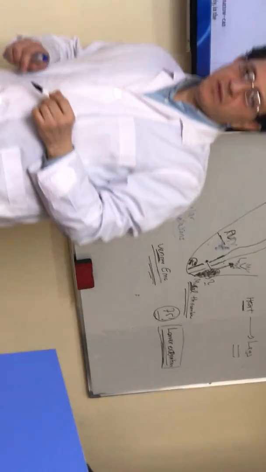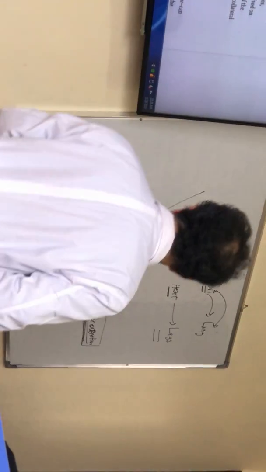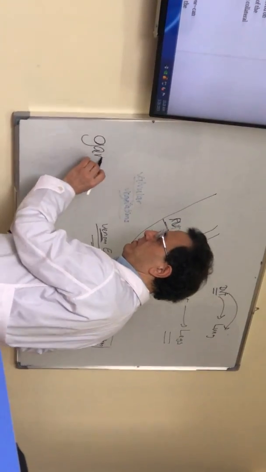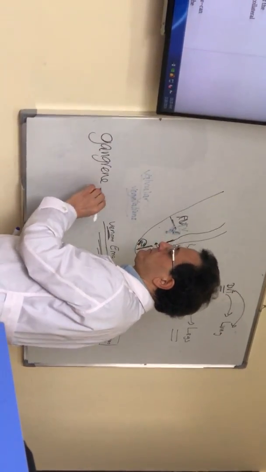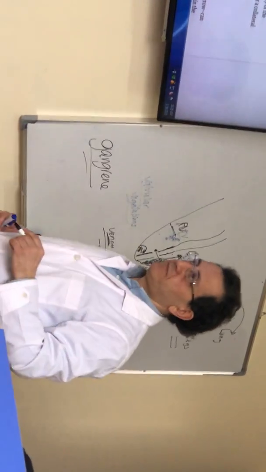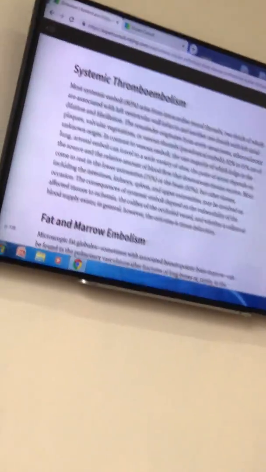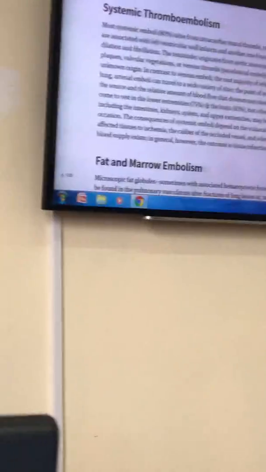And if the lower extremities are obstructed, there is the risk of gangrene of the leg. For necrosis of extremities we use the term gangrene. So these thrombi from the heart rest in the lower extremities.